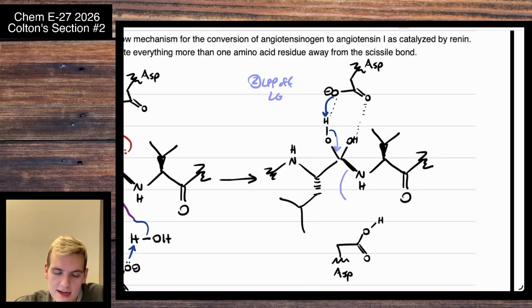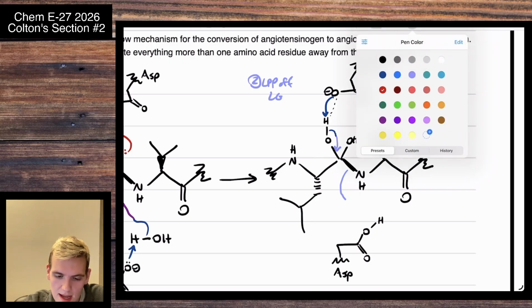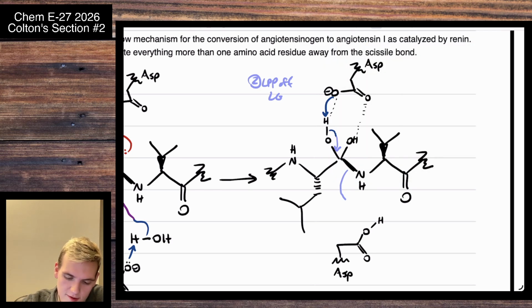Now, we need to make this nitrogen a better leaving group at the same time for this whole abbreviated step. And so, the other thing that we need to do is we need to protonate it. So that arrow is going to do some acid stuff. It's going to take that hydrogen and then give the electrons in that bond back to the bottom aspartate.